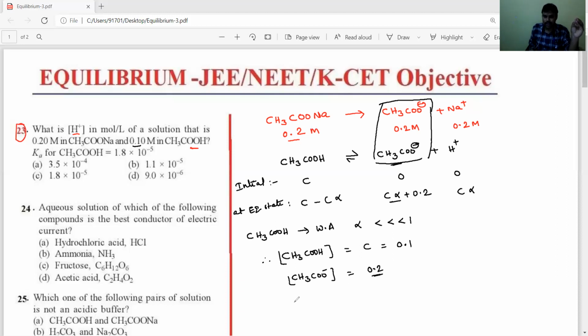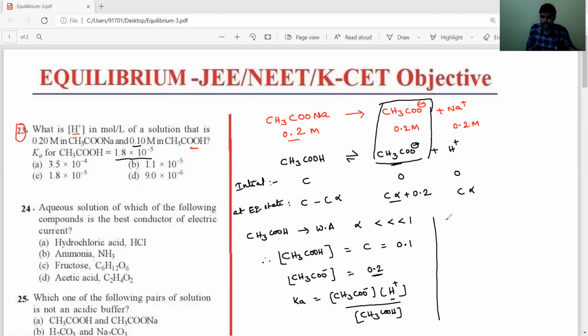Now we know that for acetic acid, the acid dissociation constant Ka is equal to acetate ions concentration, CH3COO minus, into H plus ions concentration, divided by acetic acid concentration, CH3COOH. So from this equation we have to find out the H plus ions concentration. Already the Ka value they gave: acid dissociation constant for acetic acid is 1.8 into 10 to the power of minus 5.